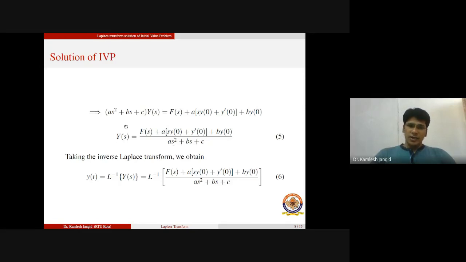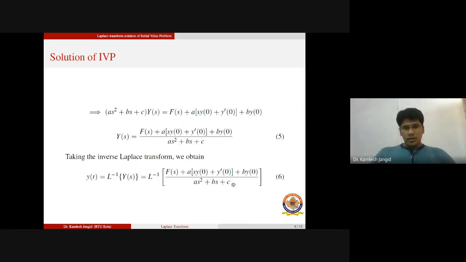It means this is our Laplace transform of the dependent variable y, which is given by this relation. Now, if we take the inverse Laplace transform of this relation, then we get the solution of the initial value problem in terms of small y of t. So y of t equals L inverse of capital Y, equals L inverse of this one.